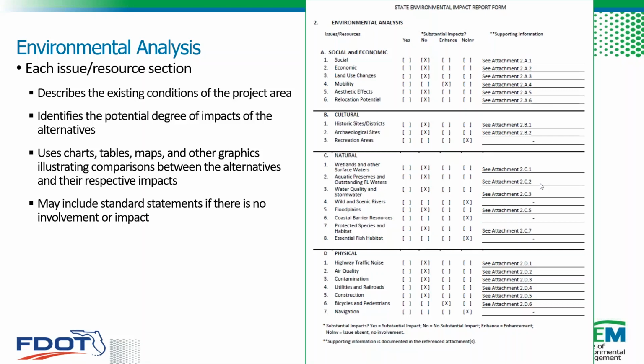There should be charts, tables, maps, and other graphics that illustrate the comparison between alternatives. Also there are some standard statements that are available for specific resources that may be used if there's no impact. And these are all available in these individual Part 2 chapters.